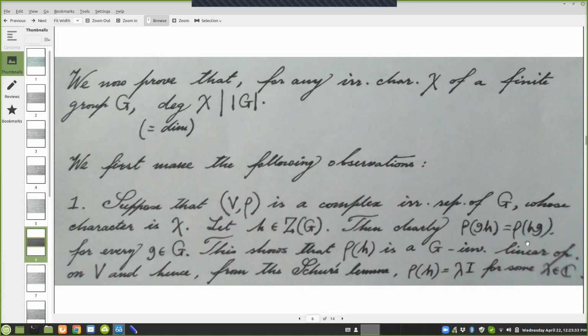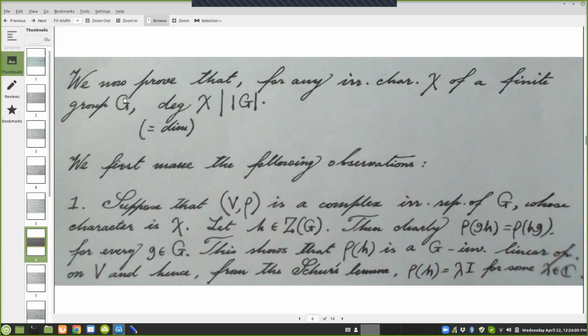Rather, we will stick to the proof of the original theorem by Frobenius. So this is the statement of the theorem: for a finite group, the dimension of any irreducible representation has to be a divisor of the order of the group. Here I have written degree, which is nothing but by definition dimension.